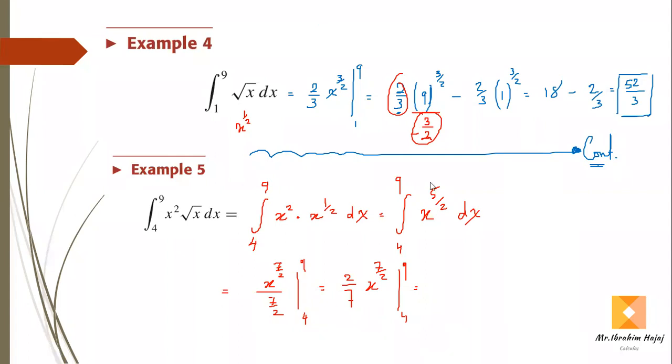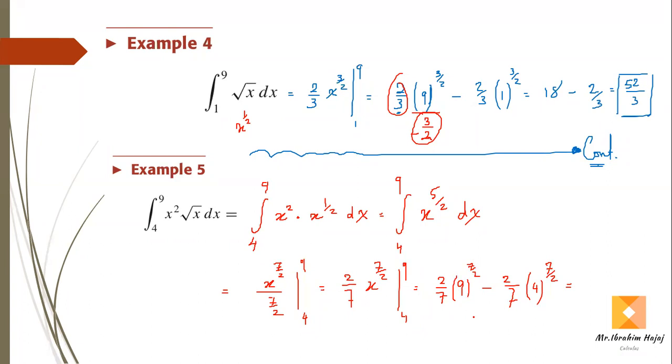We substitute first with 9: 2 over 7 times 9 to the power of 7 over 2, minus 2 over 7 times 4 to the power of 7 over 2. Then find that by using your calculator.